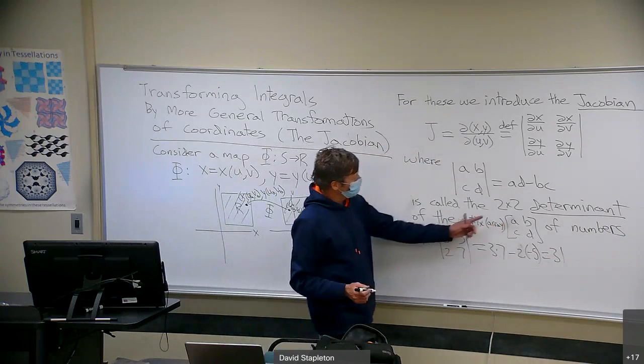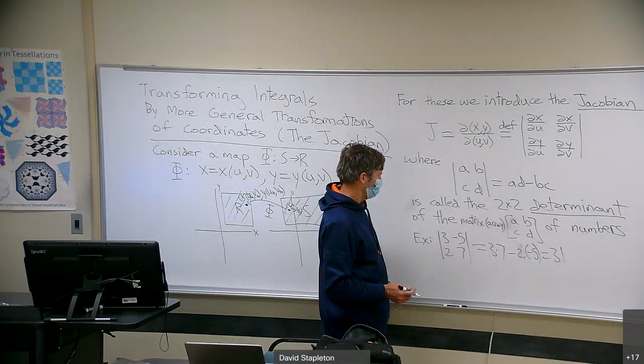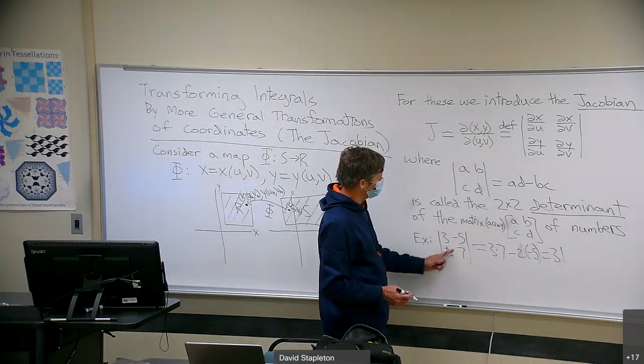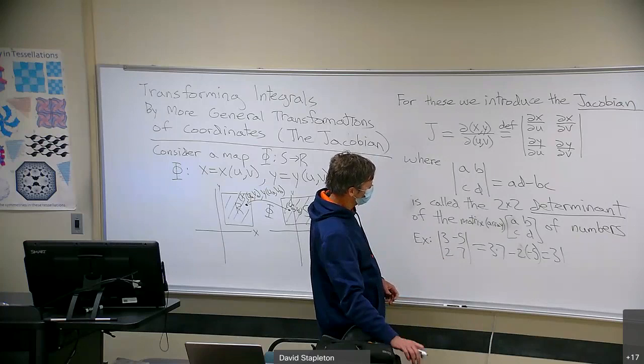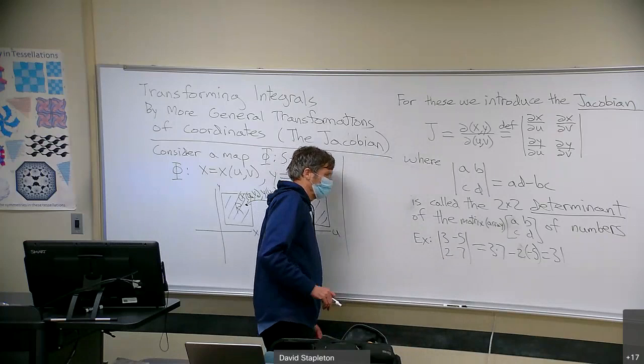And this refers to it having 2 rows and 2 columns when I say it's a 2x2 determinant. All right. So that's 2x2 determinant. Just take this times this minus this times this. And why is that convenient to define? It shows up in just a little bit. Yes or no?